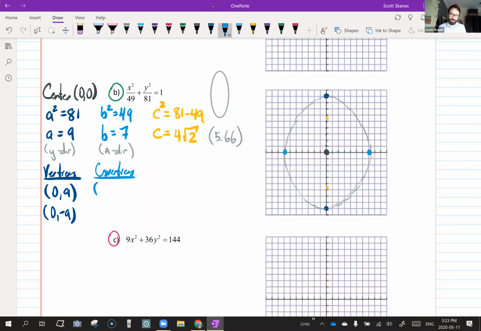Probably ugly all the time, but I'm doing my best. (7, 0) and (-7, 0). And finally, focal points or foci, whatever way you want to pronounce it. That's along the vertical axis, (0, 4 root 2) and (0, -4 root 2). From the center to the focus directly, add C. That's our final answer. I'm not going to put those in boxes. I feel like it's just making a mess. That's it. That's everything I was asked for.